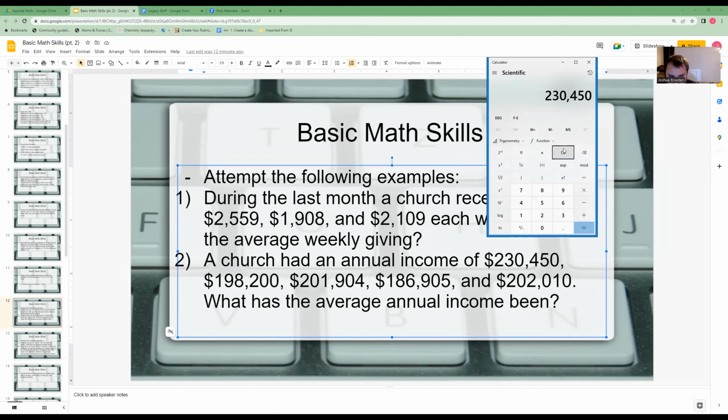Okay, 230,450 plus 198,200 plus 201,904 plus 186,905 plus 202,010. I hope I didn't make any mistakes there because I was looking down at the numbers, but let me double check this. 230,450, good.